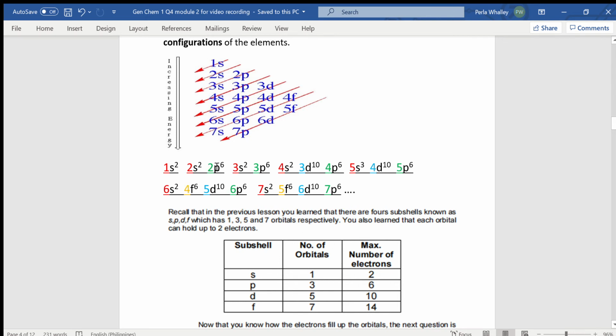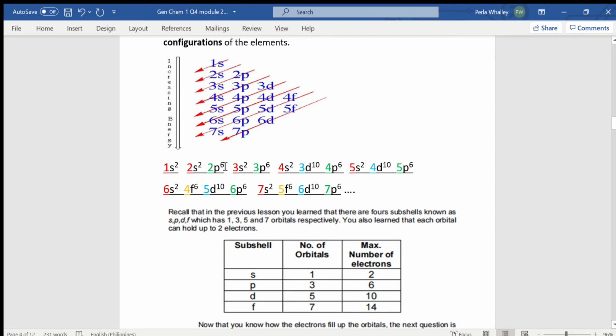So we will write it here. All the s, you write a maximum of 2 electrons. Class, remember that the number, the coefficient, represents the energy level, and the letter represents the subshell, and the exponent represents the maximum number of electrons that the subshell can hold.